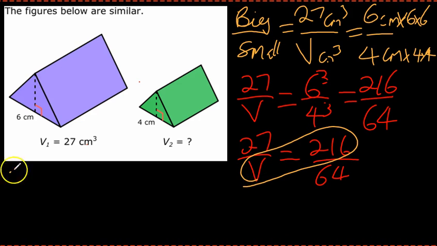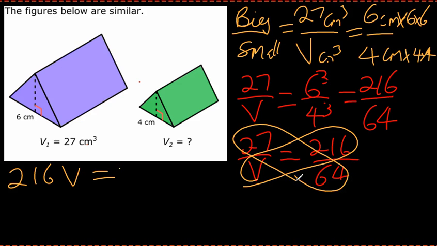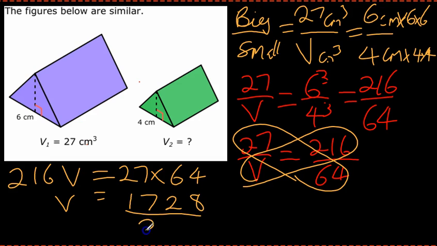That gives us 216 times V equals 27 times 64. 27 times 64 will give us 1728. And then if we divide that by 216, that will give us 8.